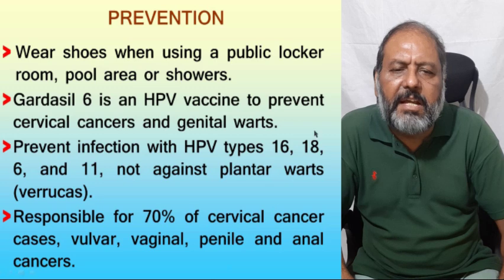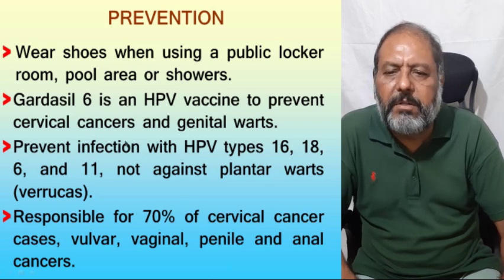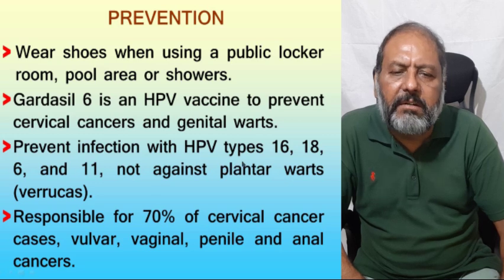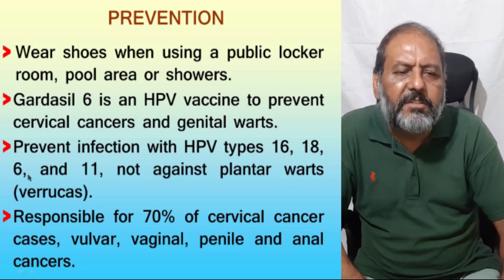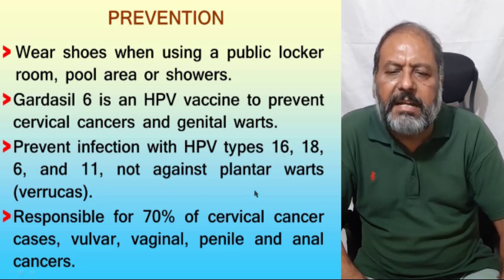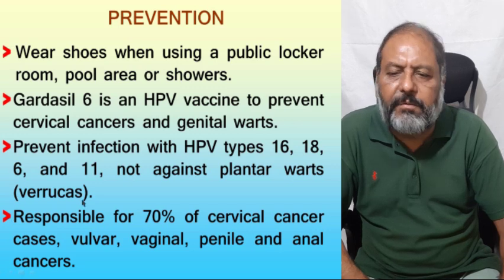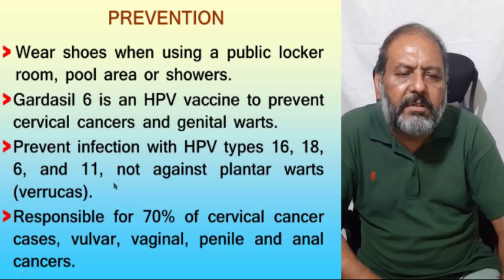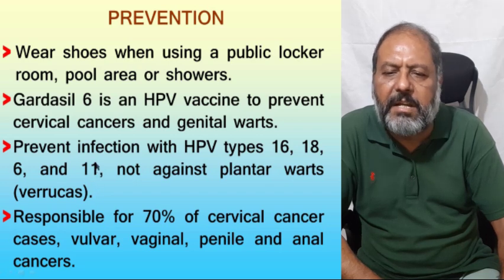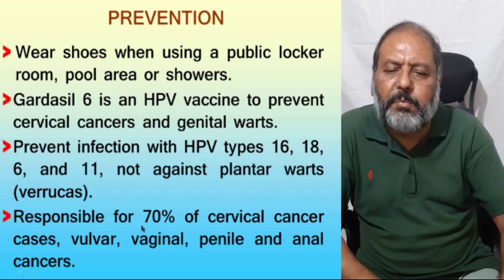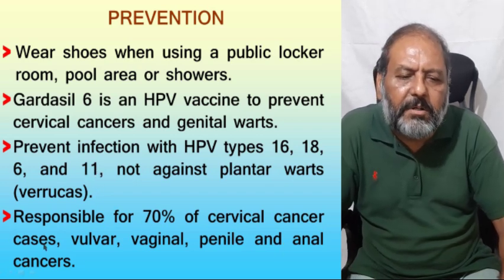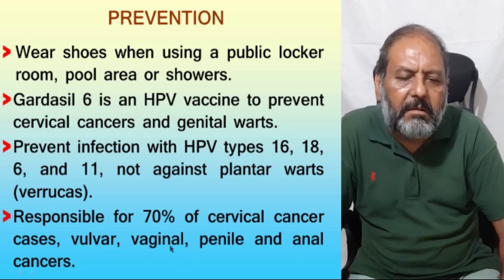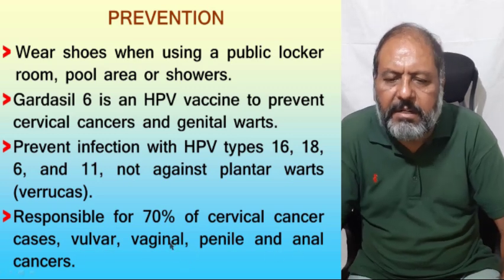Gardasil is an HPV vaccine to prevent cervical cancer and genital warts. It prevents infection with HPV types 16, 18, 6 and 11, not against plantar warts or verrucas. These types are responsible for 70% of cervical cancer cases, and vulvar, vaginal, penile and anal cancer.